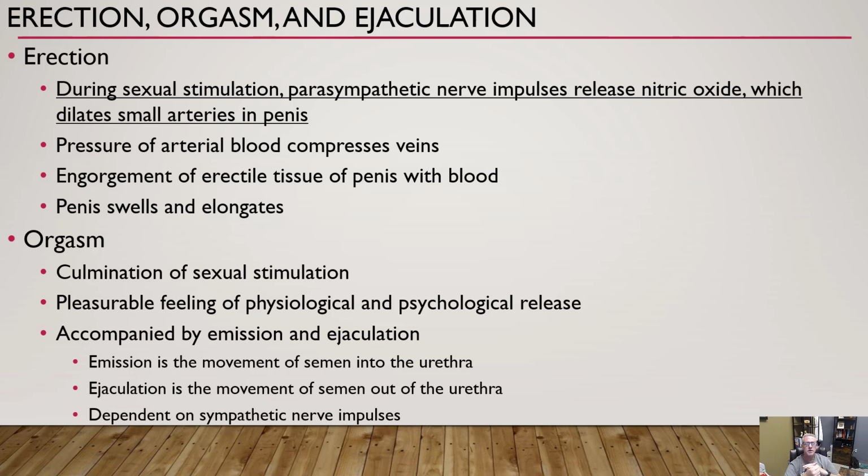And if you remember, we talked about nitric oxide several times before, and nitric oxide is a vasodilator, and it's going to dilate those small arteries in the penis and allow for increased blood flow, causing the erection. You're going to see the engorgement of the erectile tissue as it fills with blood, and the penis is going to swell and elongate.